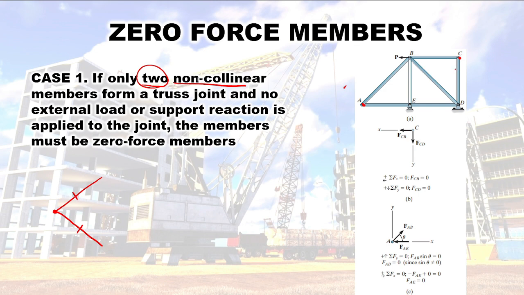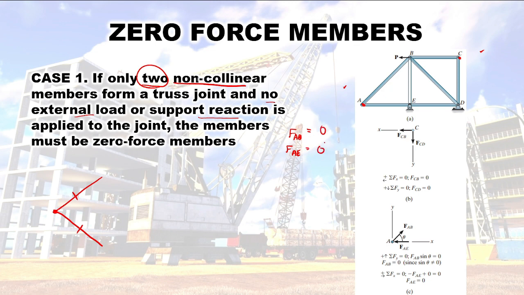So, it is non-collinear member. So, check. And another requirement is there is no external load or support reaction. So, in this joint, we have no load and we also have no reaction. So, therefore, our force member AB and force member AE are automatically equal to 0.